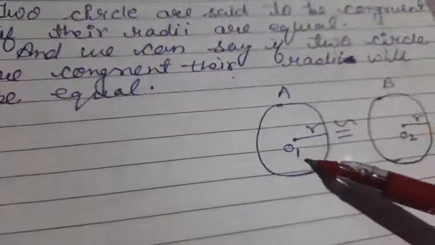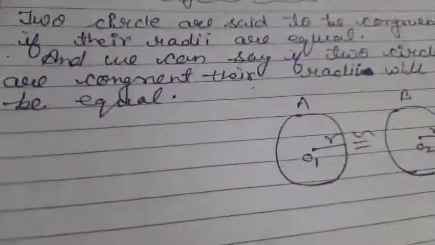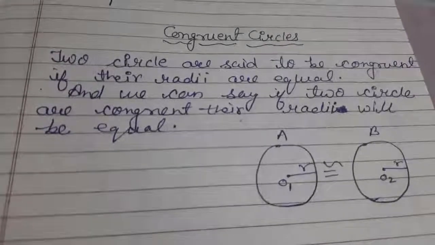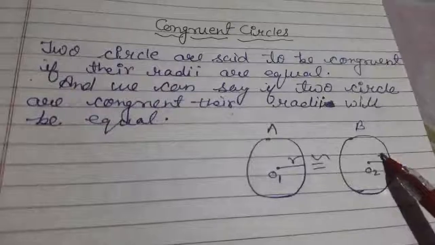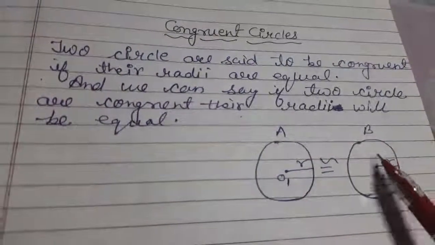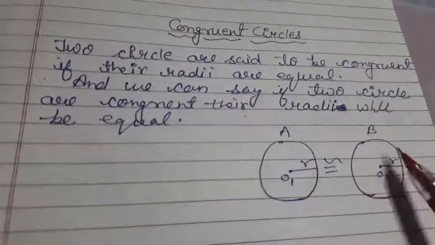Here we have two circles, circle A and circle B. The condition for two circles to be congruent is that their radii should be equal. As we know the shapes are the same, both circular, so if their radii are the same, then we will say both are congruent circles.